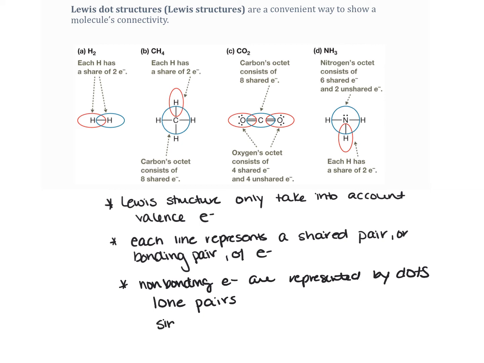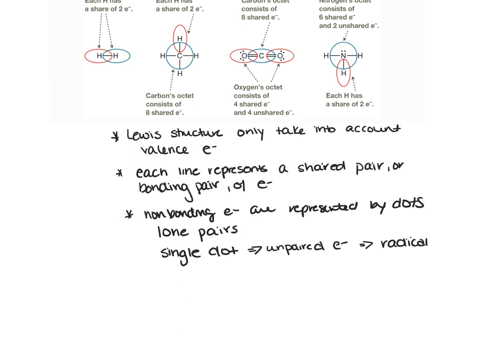So if you have a single dot, that is an unpaired electron. And in chemistry, that's called a radical. Radicals have really specific types of chemical interactions that we can get to later. But if you see a species with just one electron, that's a radical. When you talk in biochemistry about free radicals, that's what they're talking about.